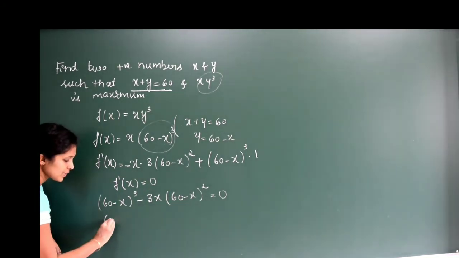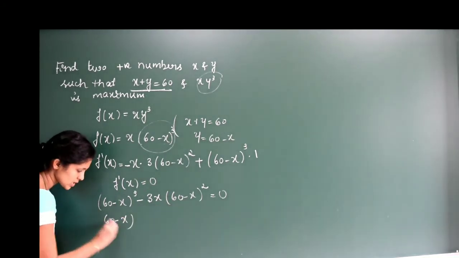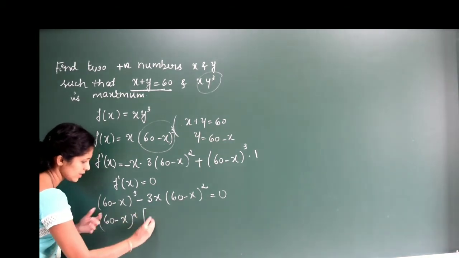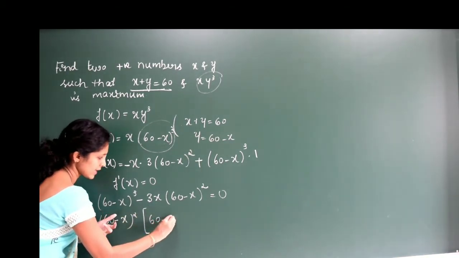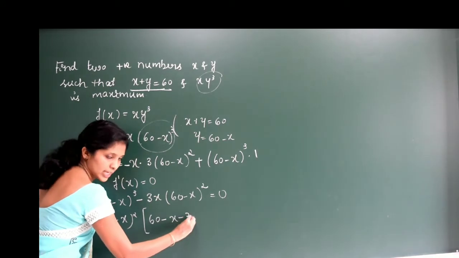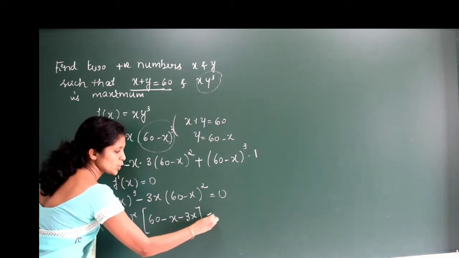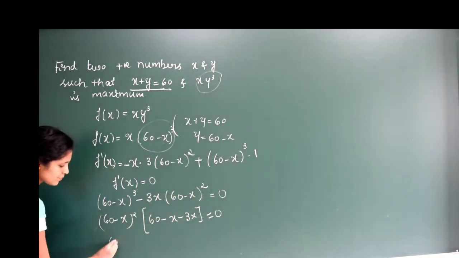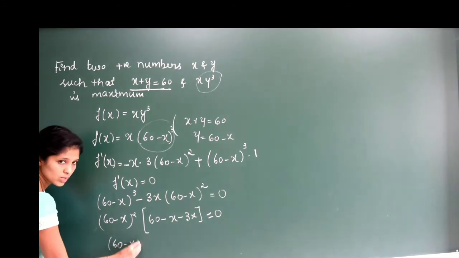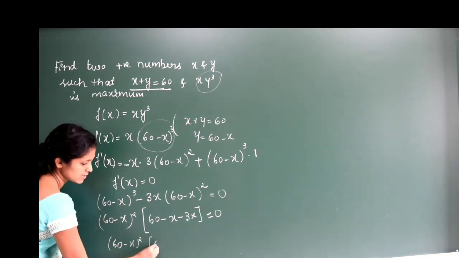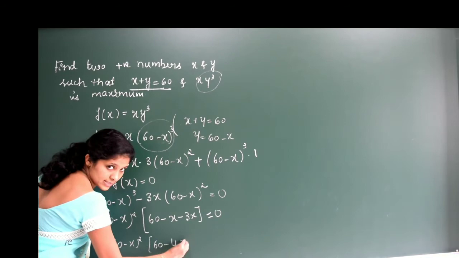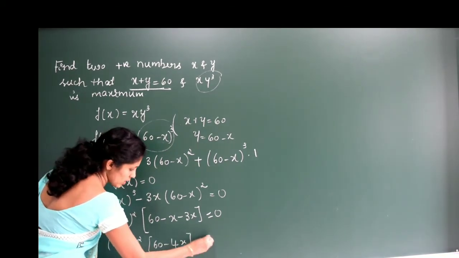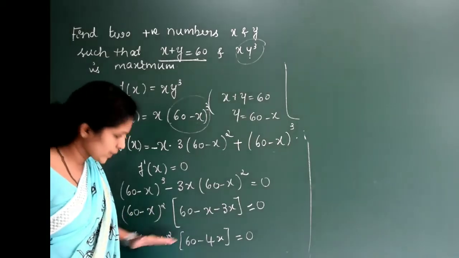If I take 60 minus x whole square as common, what is remaining here? 60 minus x and minus 3x. So this will be equal to 0. By this we can write 60 minus x whole square into 60 minus 4x is equal to 0.